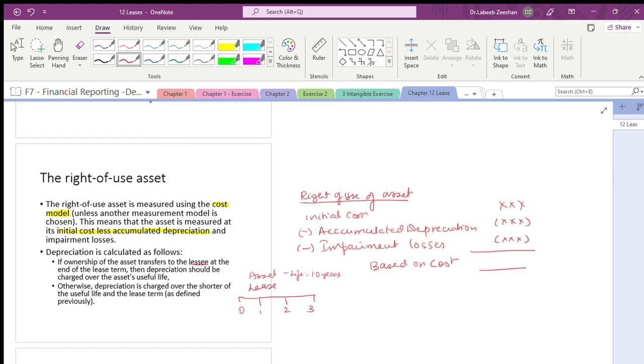But what happens if the ownership is transferred after 3 years? Then the subsequent number of years should be taken into consideration. We will see how it works.